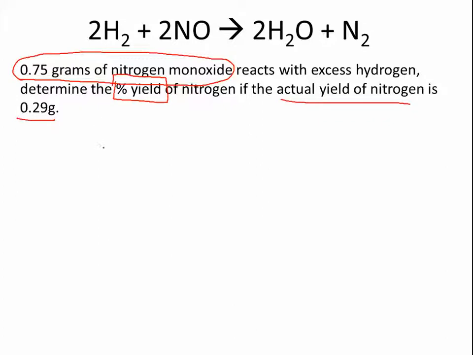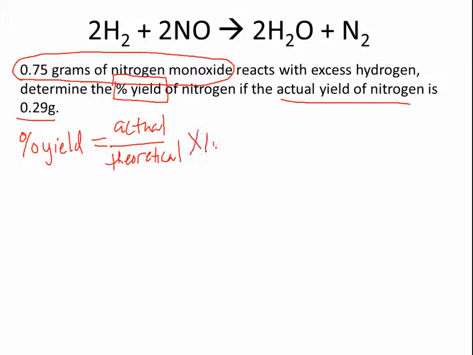All right. So what's the formula for percent yield? Well, percent yield is the actual yield divided by the theoretical yield times 100%. Okay? So we know that the actual yield is 0.29 grams.